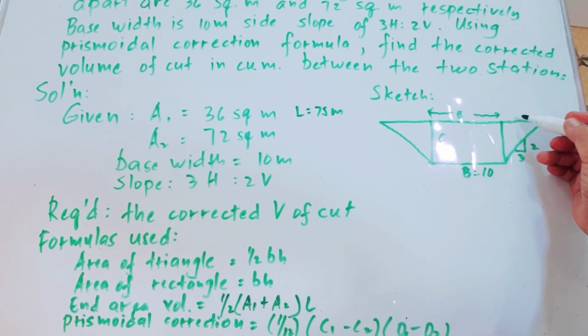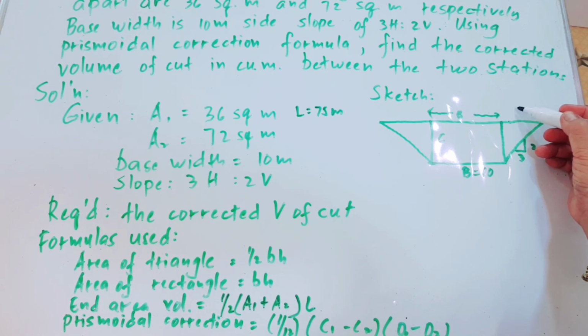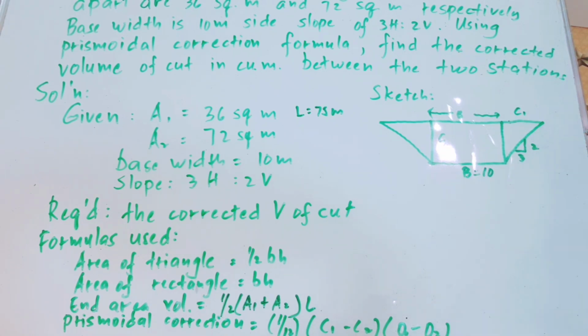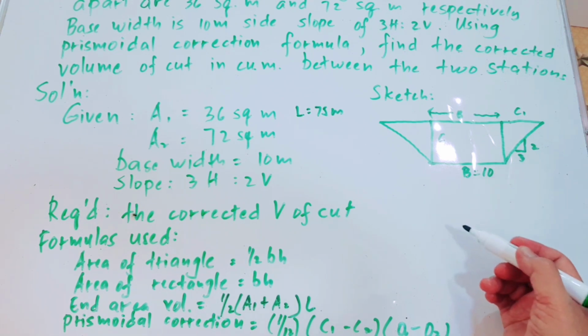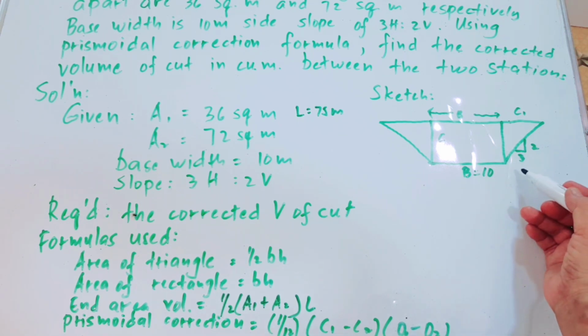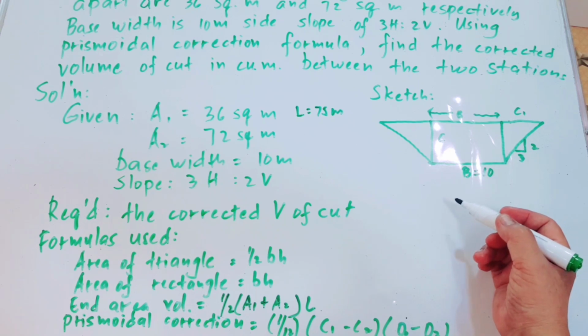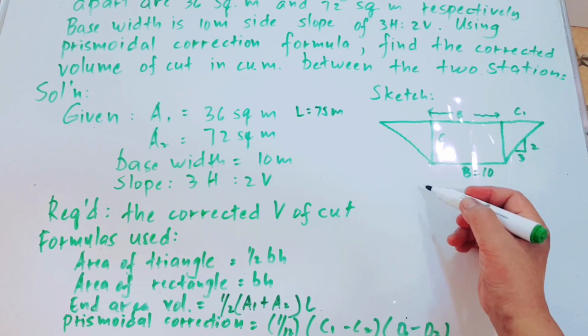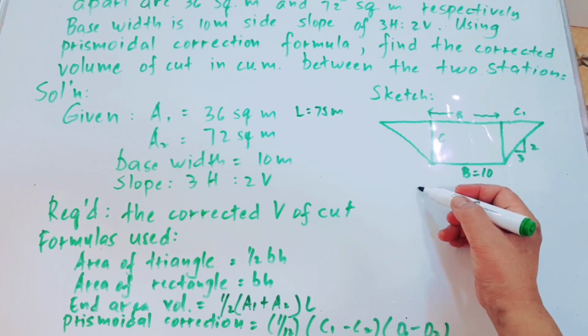Because we have the ratio, we can make a ratio and proportion to find the amount of C1.